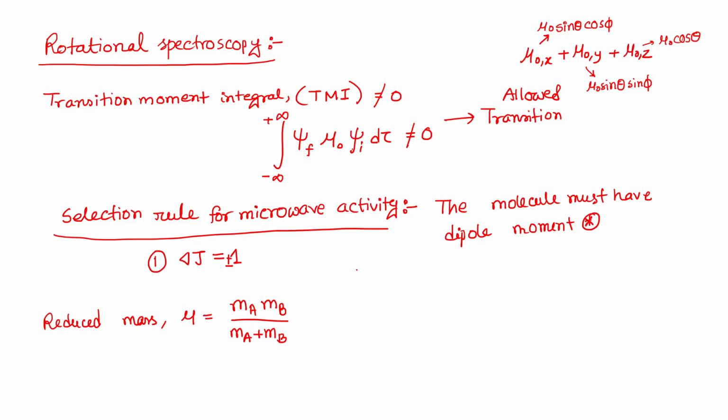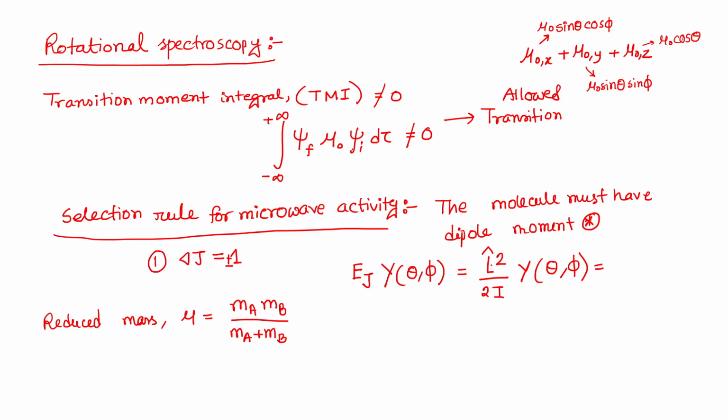So what is the energy we can get? When this operator is working on your spherical harmonics, depending on theta and phi, what are you going to get? It is actually your total angular momentum operator divided by 2I, where I is your moment of inertia, operating on your spherical harmonics.